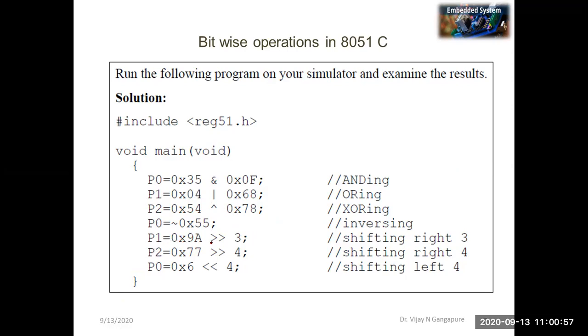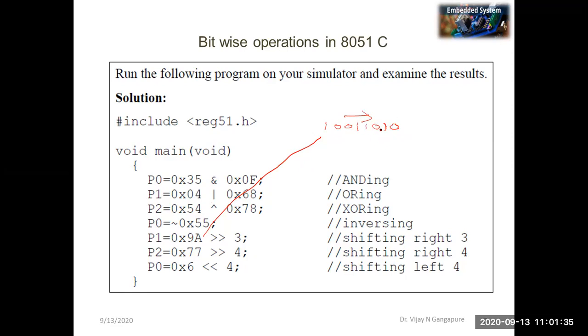P1 is equal to 0x9a shifted right by 3. That means shift data 9a by 3 positions towards the right. So 9a here will be, 9 means 1 0 0 1, and a means 1 0 1 0. So this will be shifted 3 times towards the right, by 3 positions.